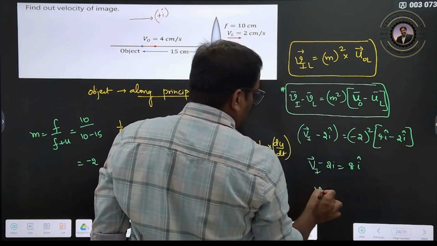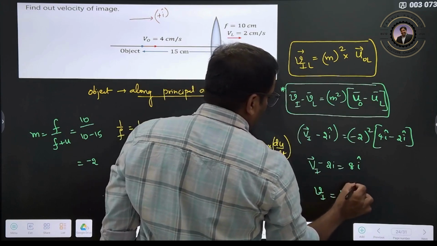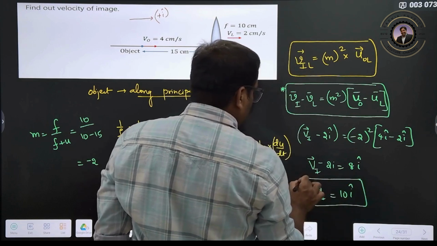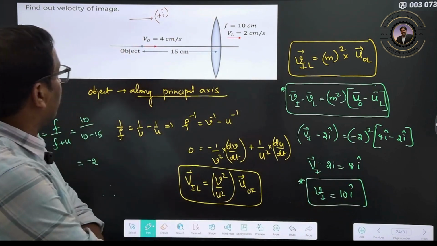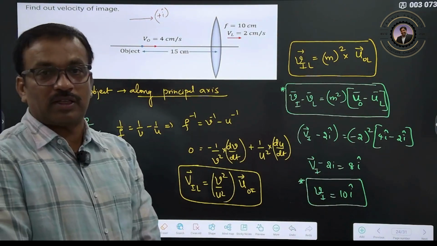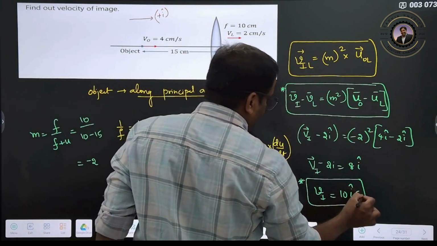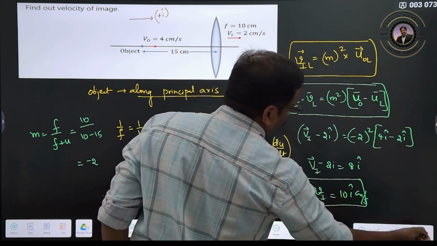Taking it across, the velocity of the image will be equal to 10 i cap. Clear? Here the 4 i cap is in centimeters per second. So, now we will go for another question.